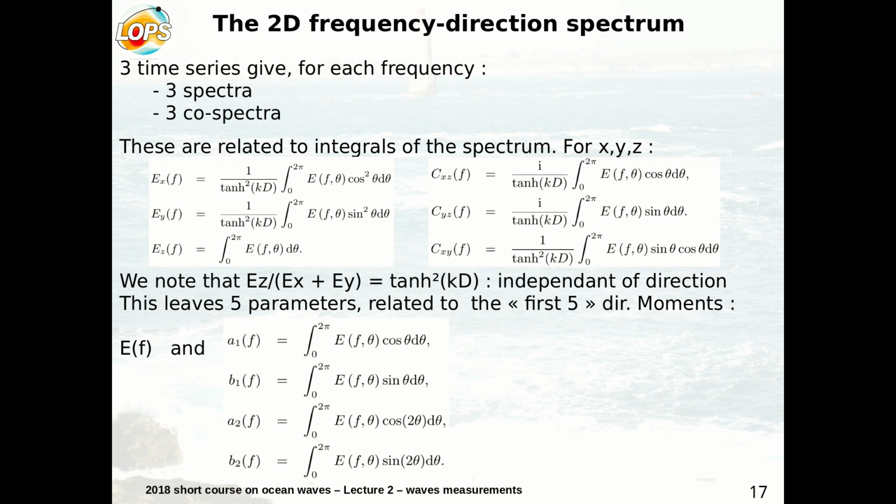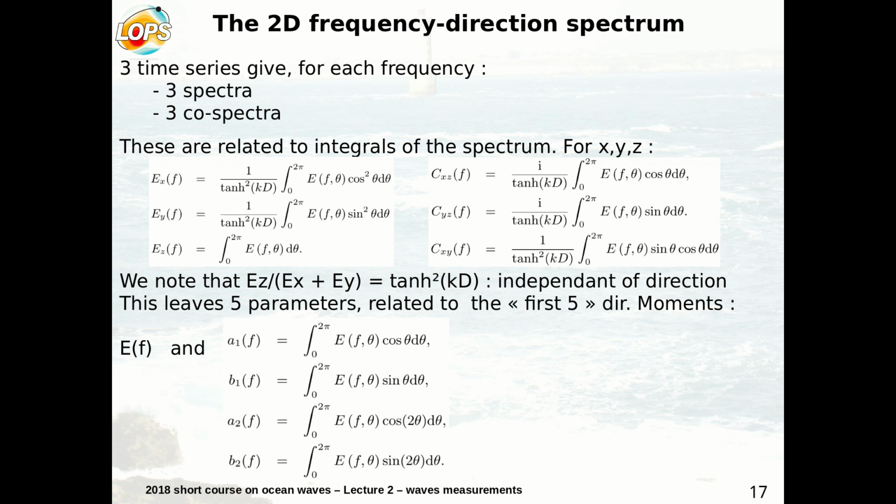And some buoy providers give you this data. Like CDIP gives data with not only these first 5, but also this one. And from the 6, one is just this ellipse business, and the other 5 are really related to the directional spectrum. And this is what we call the first 5 moments. And actually, these are the first 5 Fourier coefficients of the directional spectrum.